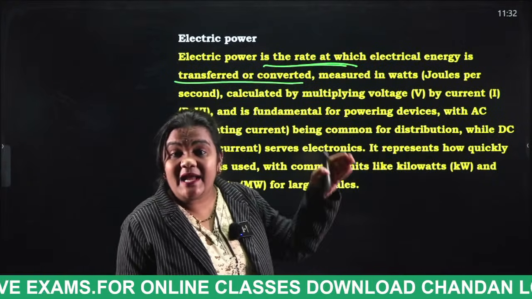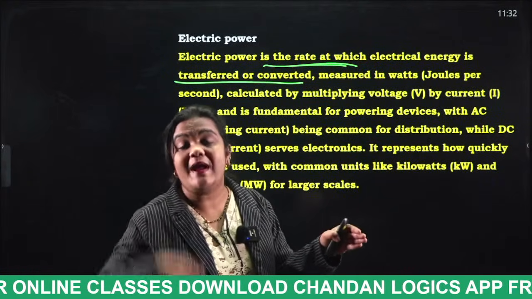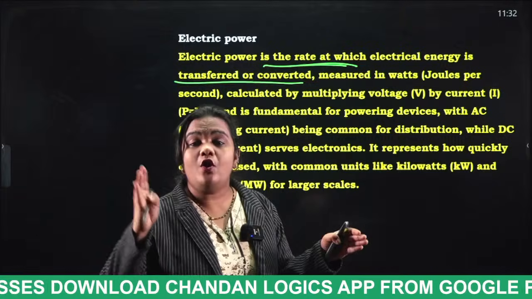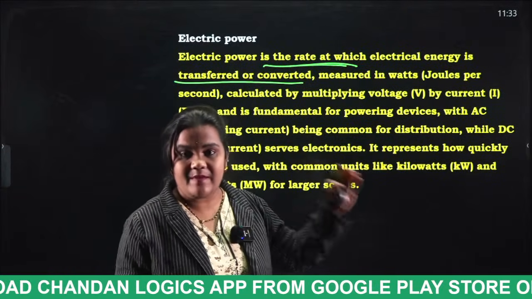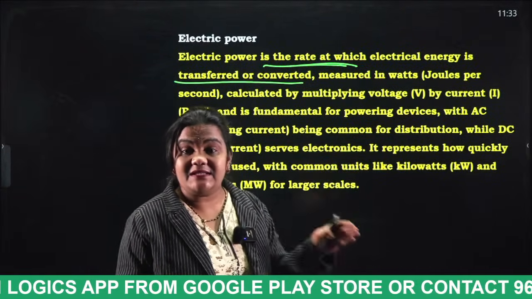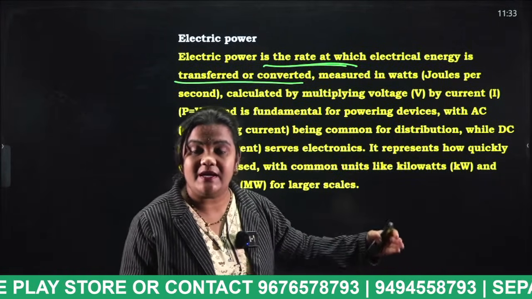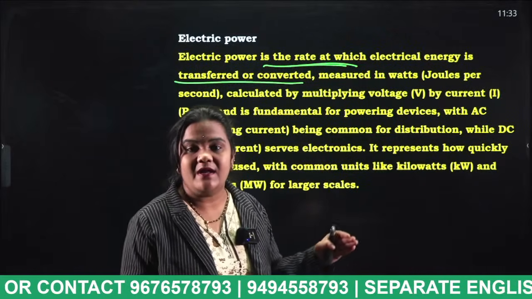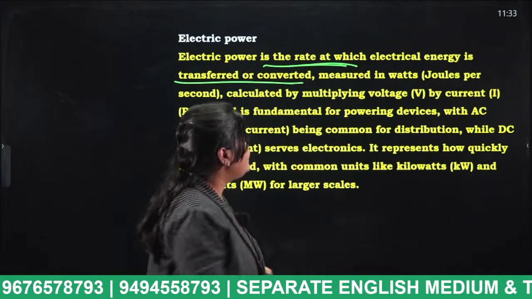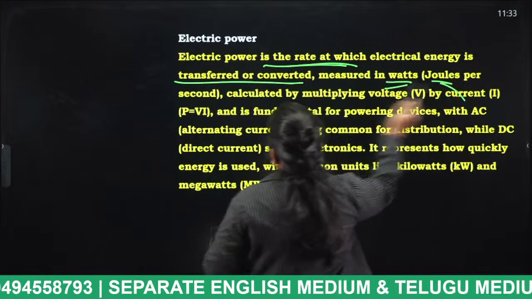Nothing but the energy supplied from a source to an object when no current flows is considered as EMF, right? And the rate at which that electric energy is converted or transferred is known as what, students? Electric power. So electric power is always measured in watts or joules per second.